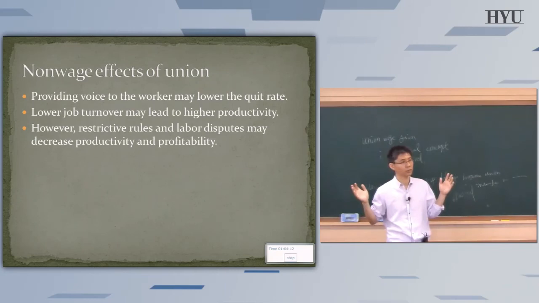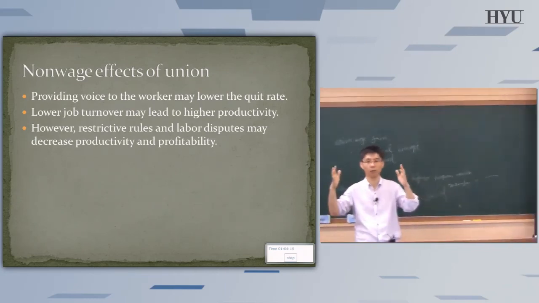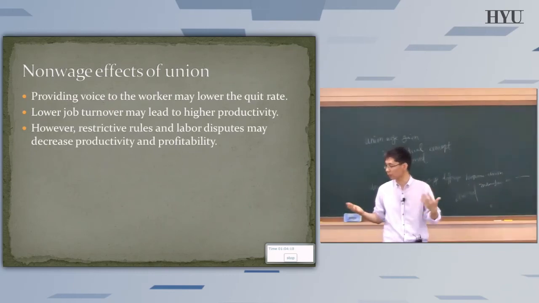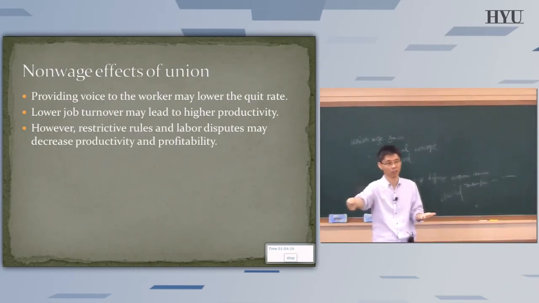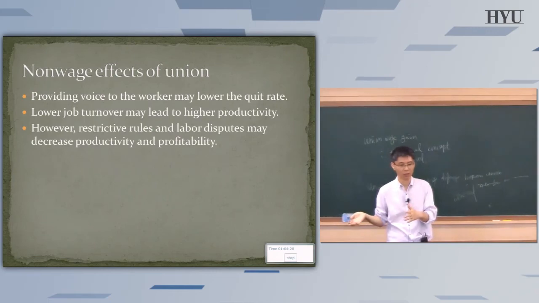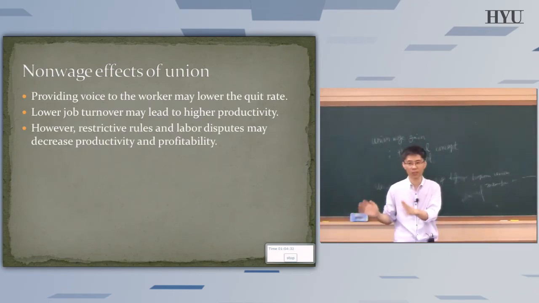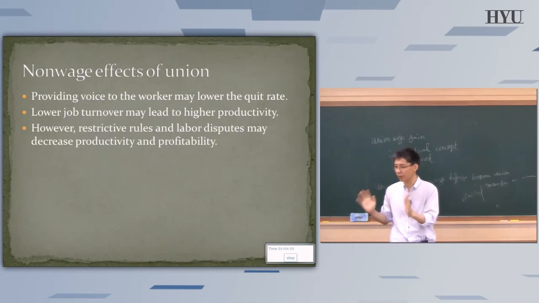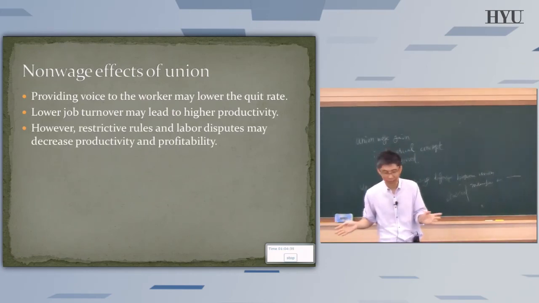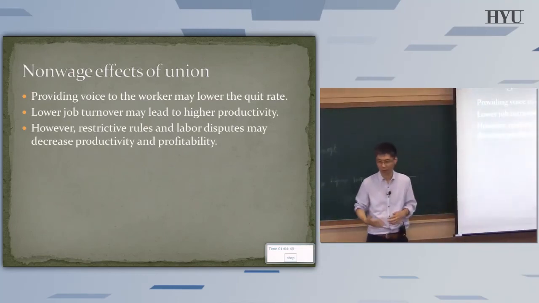So generally, the union firms attract a lot more people willing to work for this company, so they can be more selective in finding more productive workers. So the argument is that the union increases productivity. The counter-argument is that the union firm can hire more productive workers in the first place. It's not because the union increased productivity. They just had productive workers from the beginning.